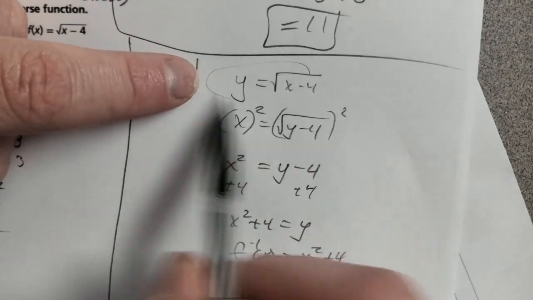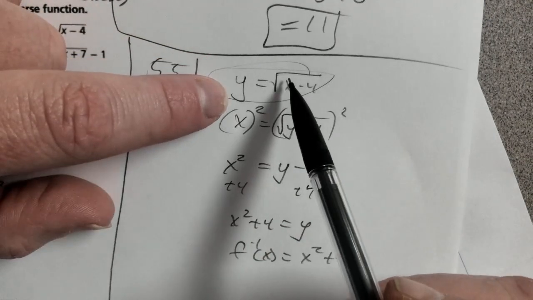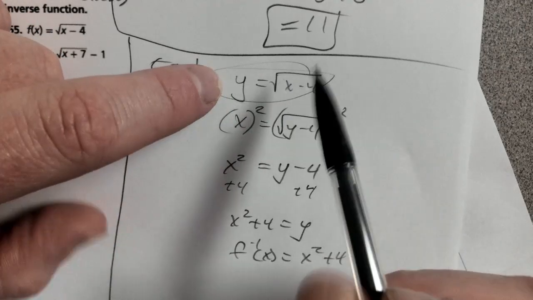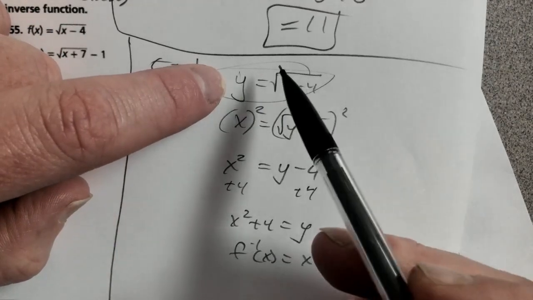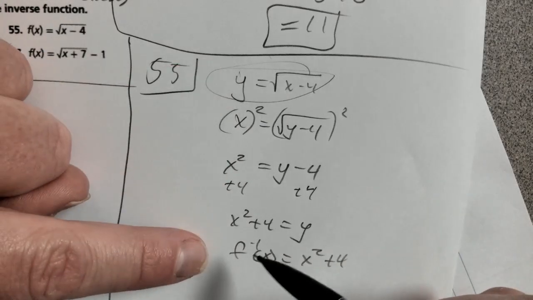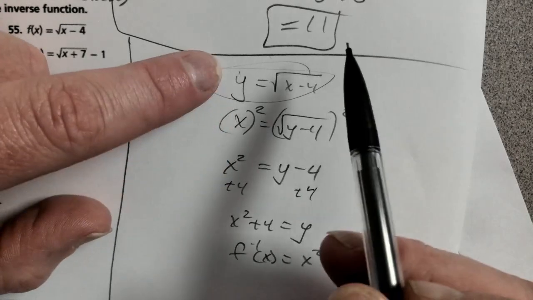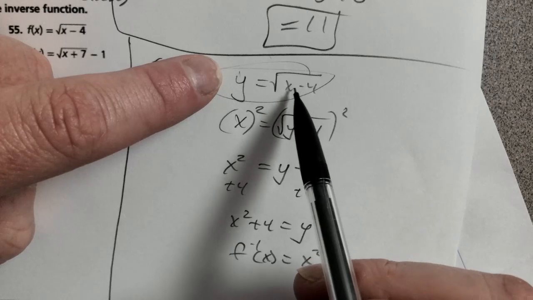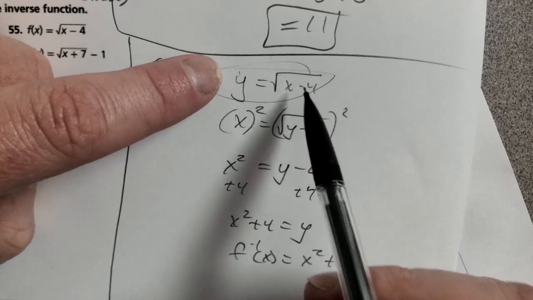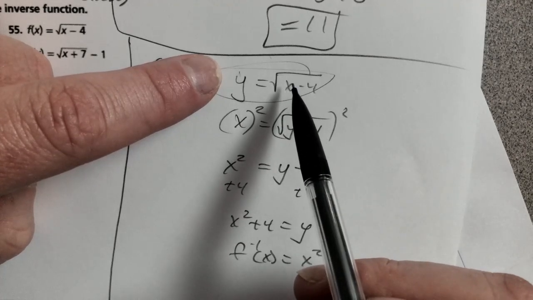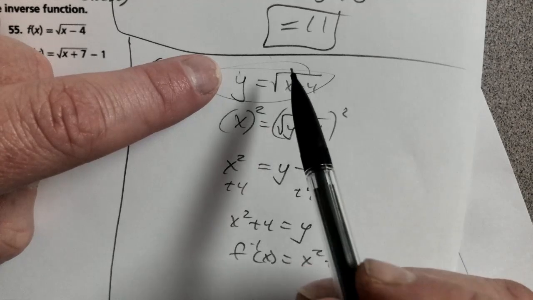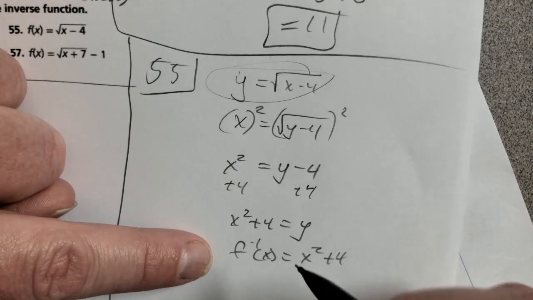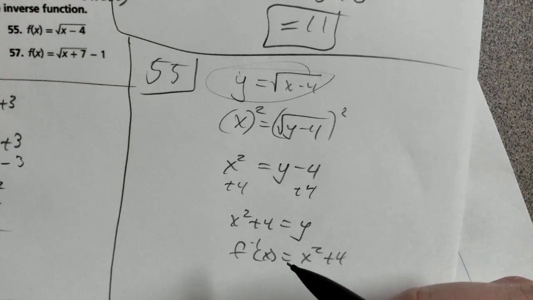The domain of the original function is the range of the inverse, and the range of the original is the domain of the inverse. So for a radical shifted to the right 4 units, the range would just simply be 0 to infinity. So the domain of this inverse function would be 0 to infinity.